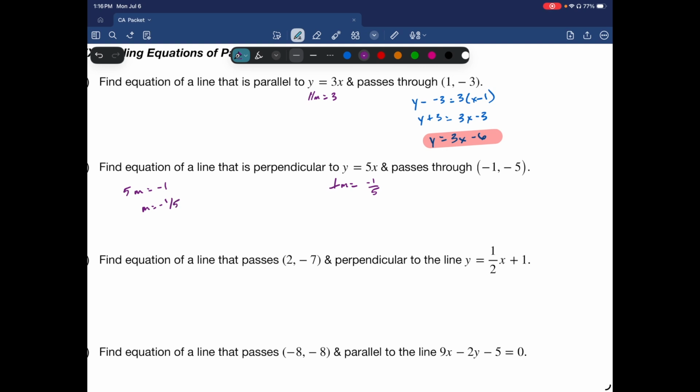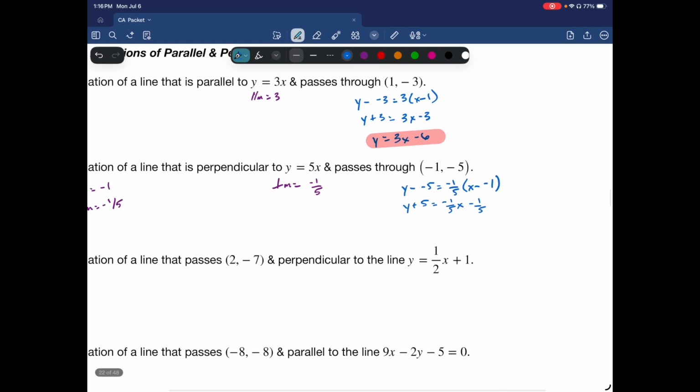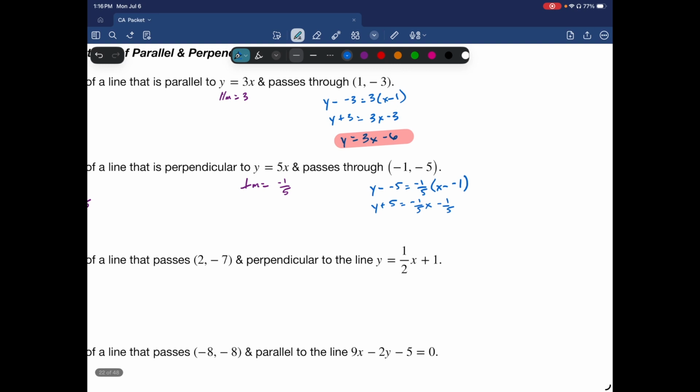Okay, and then I'm going to use the point-slope formula. y minus -5 equals -1/5 times (x minus -1). So y plus 5 equals -1/5 times (x plus 1), so this is going to be -1/5 here. 5 is the same thing as 25 over 5, so when I subtract the 5, that's what I'm doing. y equals -1/5 x minus 1/5 minus 25 over 5.